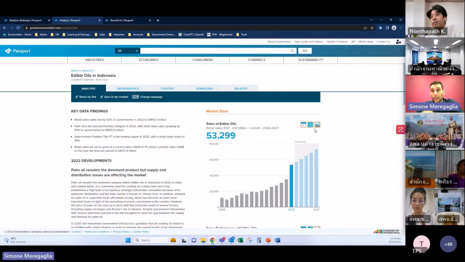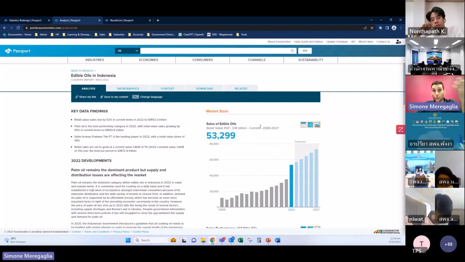And here it's very visual, as you can see, you see market sizes, which is the statistics. If you hover over it, you can see the value in Indonesian rupiah billion. But if you only look at statistics, you see that, for example, between 2021 and 2022 there's a big jump. But if I don't look at analysis, I don't understand why there is that big jump.